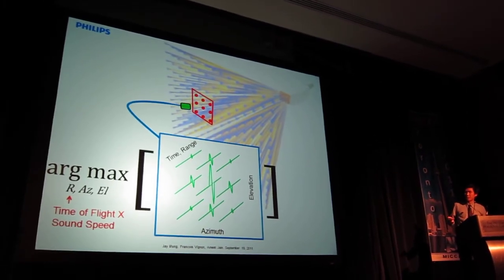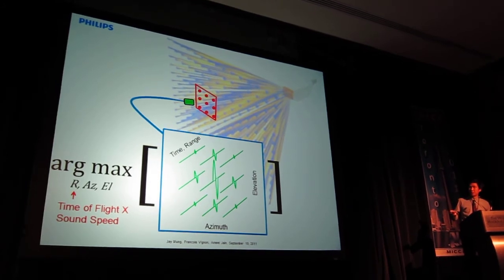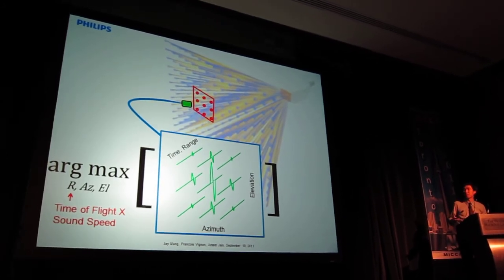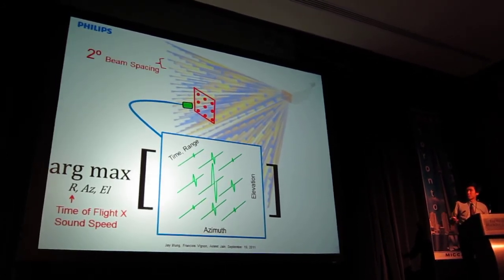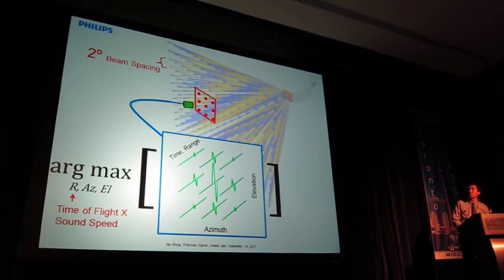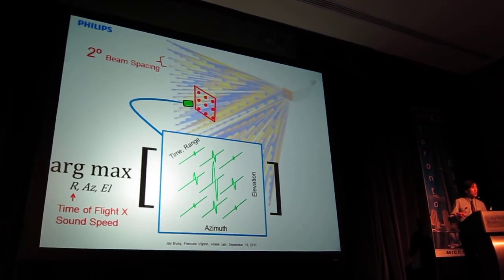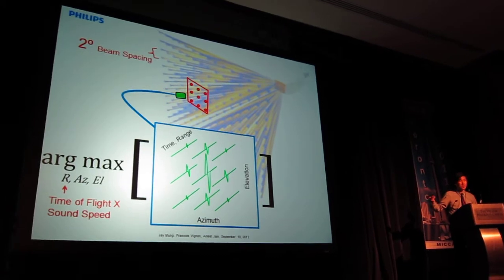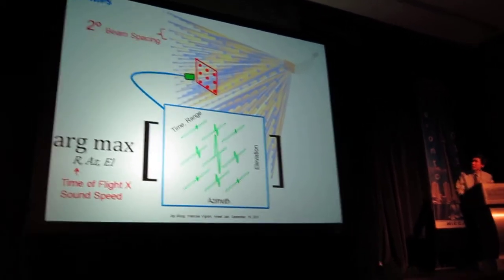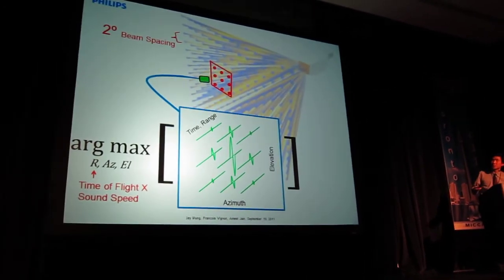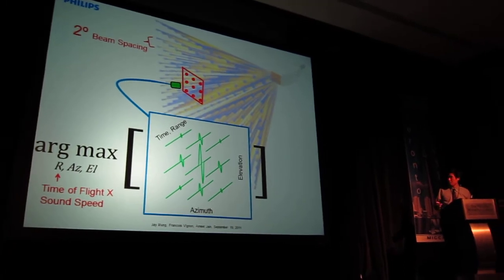Now range is derived from just simple time of flight multiplied by the sound speed. And I said rough elevation and azimuth because the transmit beams in this sort of ultrasound imaging setup use a sparse 2-degree beam spacing.